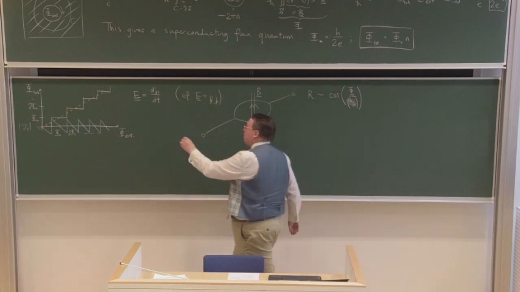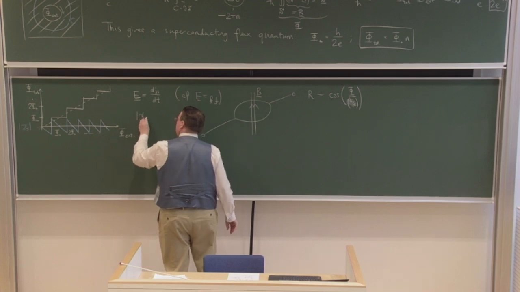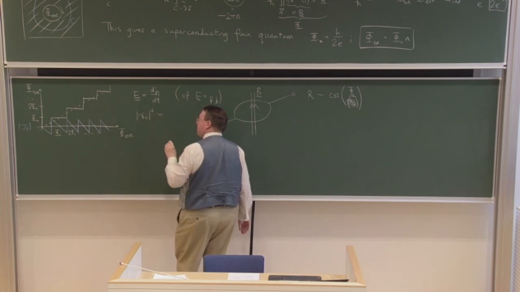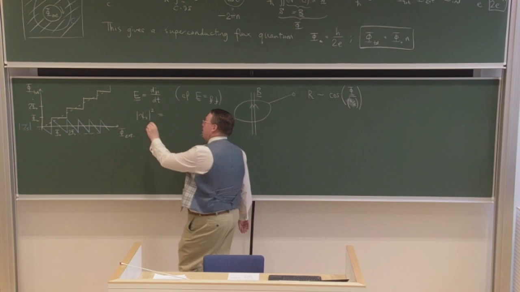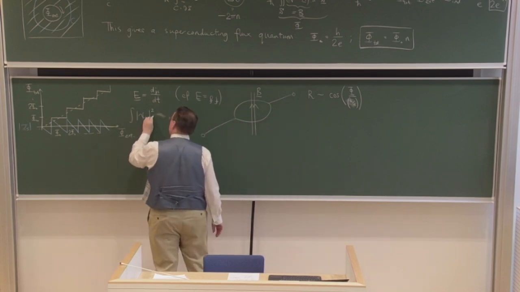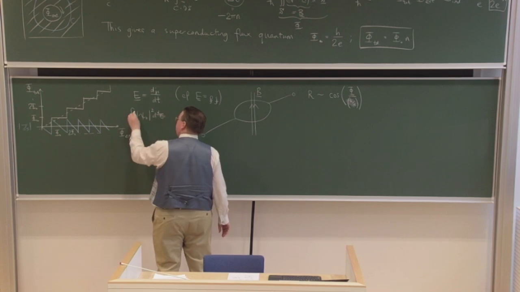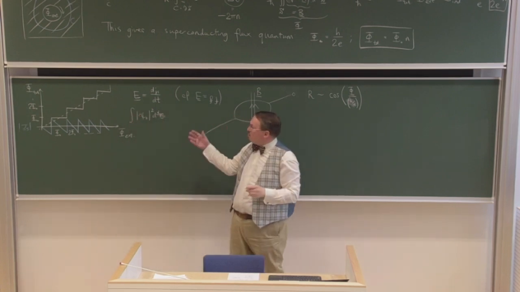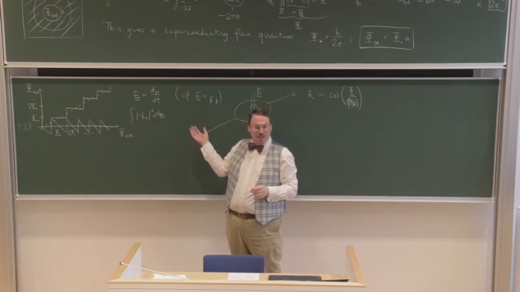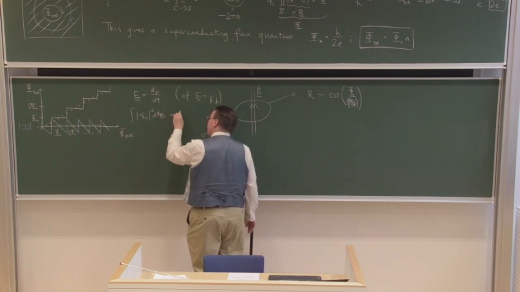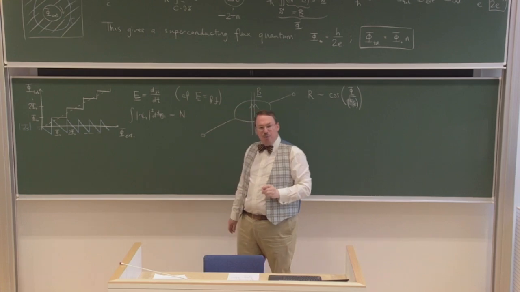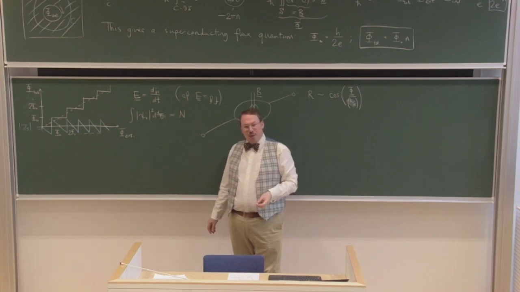So the integral over the sample of the square modulus of the ground state superconducting order parameter will be 1 for a quantum particle. It's the total number of charged bosons for the case of the superconductor.